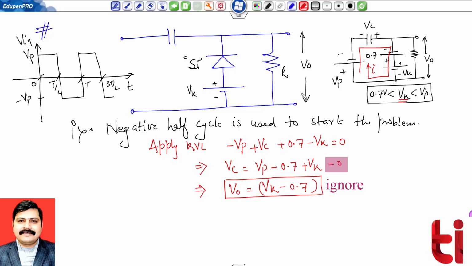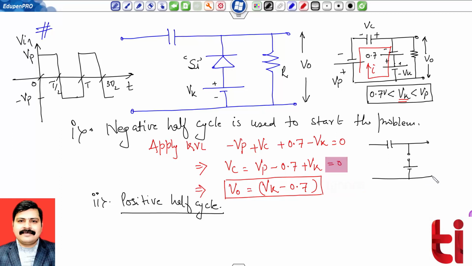Now let's see the next half cycle, that is my positive half cycle. Let's see the working for positive half cycle, and in this positive half cycle, let me draw the circuit over here. You can see that my diode will be open circuited now as it is reverse biased.